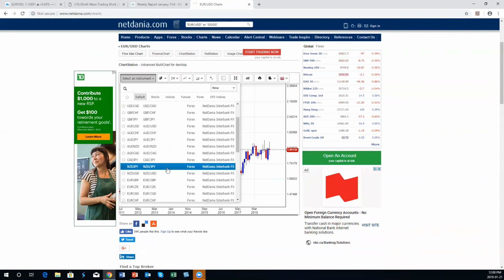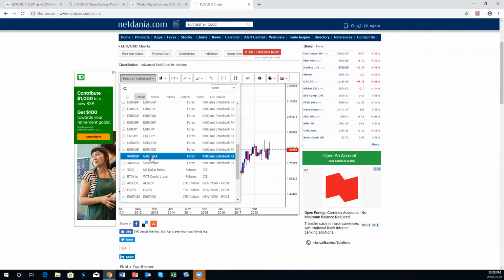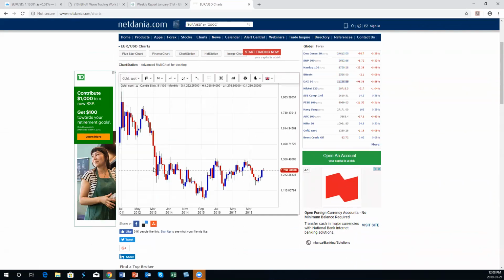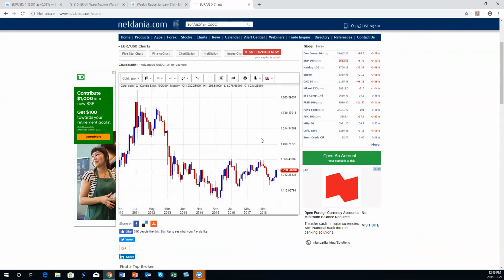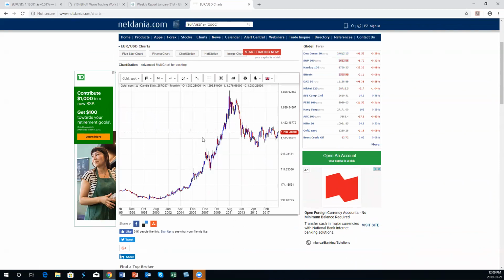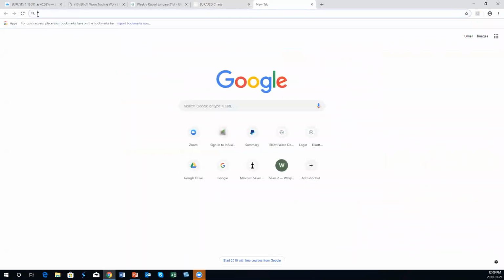Let's see how far back some of this goes, and gold. Let's look at gold. And let's see how far back this goes. All right, so this is going to 1995. I'm not sure what I would need to do to get historical data going back further, but I am pretty sure that they have historical data going back further than that. All right, so that's NetDania.